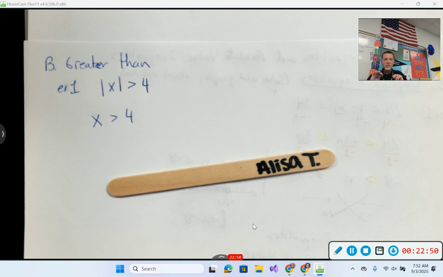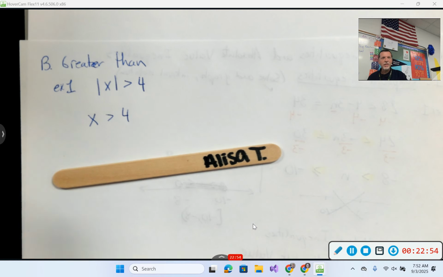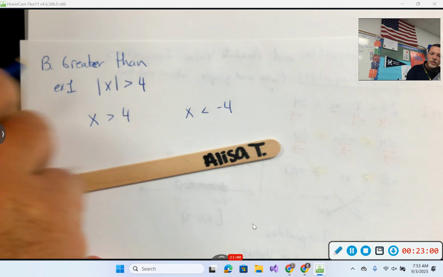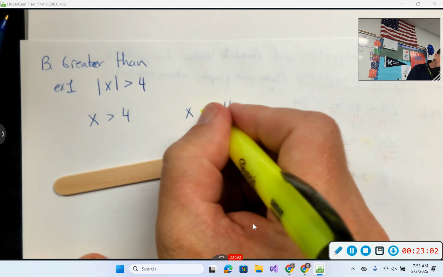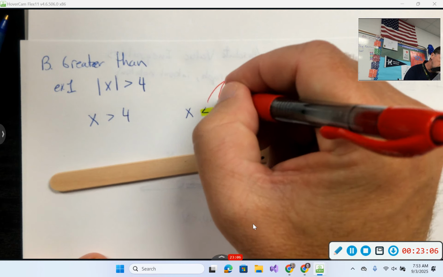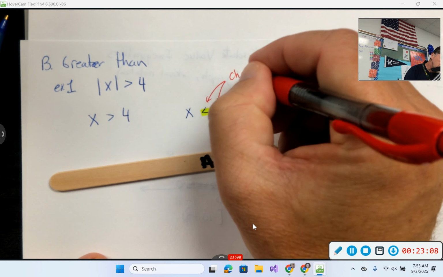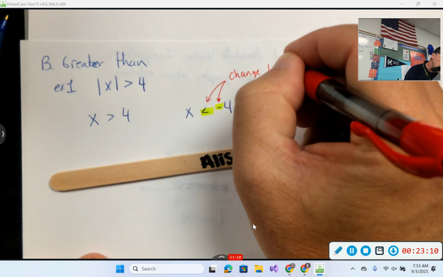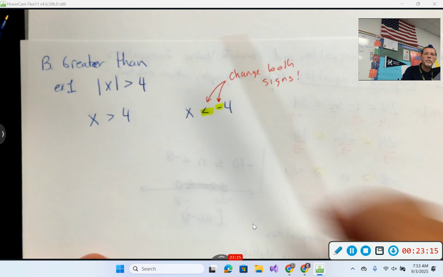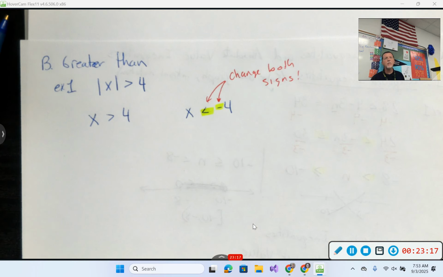First one, just drop the absolute value bars. To get the second one, what do you think, Elisa? X less than -4. Yep, x is less than -4. So it's still that same idea of change both signs. So we made it -4 and we flipped the inequality around.